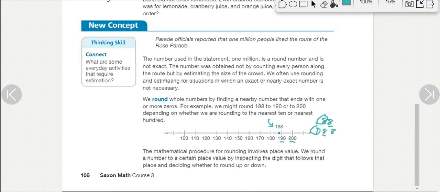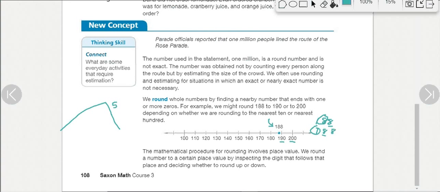The procedure involves place value. You need to know your place values. That's why we've learned them and nailed those down. Then you look at the digit, you inspect the digit that's right next to it. And I always use the hill, although it's not a great visual, because we round up when you go over to the other side of the hill.